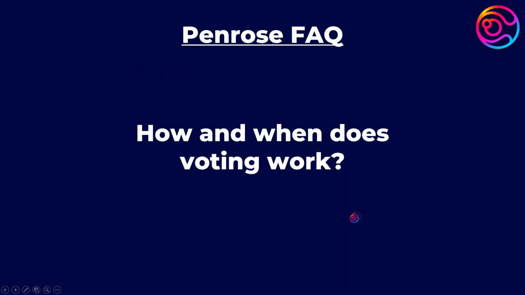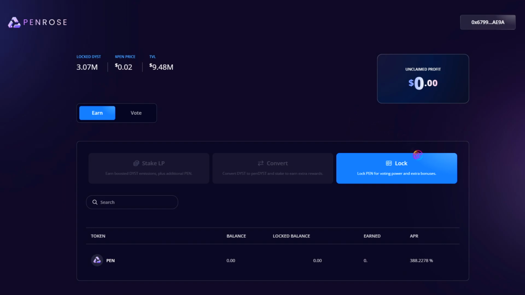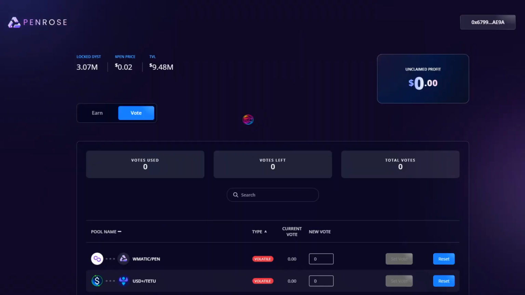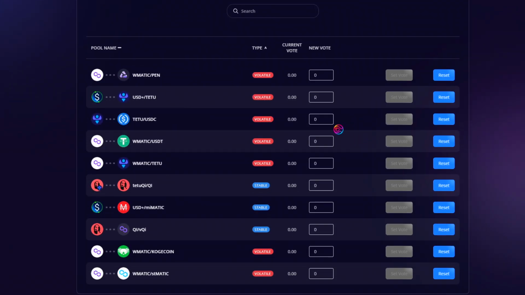How and when does voting work? After staking, aka vote locking PEN into vlPEN, in addition to earning staking rewards, you are then able to vote for or against Dystopia's liquidity pools. When you vote with vlPEN, Penrose will use their aggregation of veDYST to vote on Dystopia accordingly.